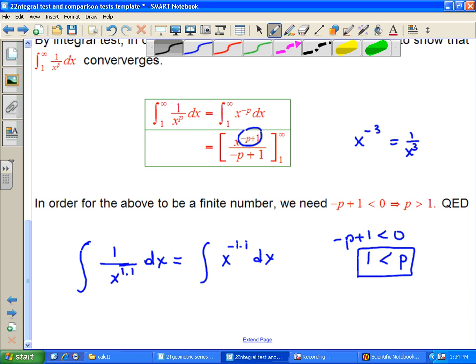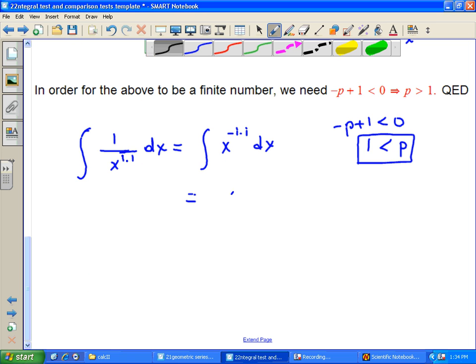Okay, how do you integrate this? Add 1 to the power, which is going to be x to the negative 0.1, and divide by that power. And we want to go from 1 to infinity based on the integral test.